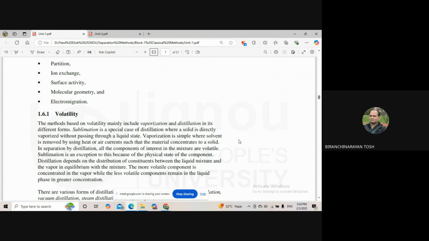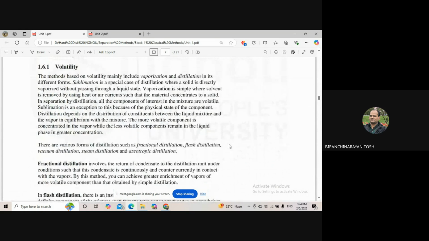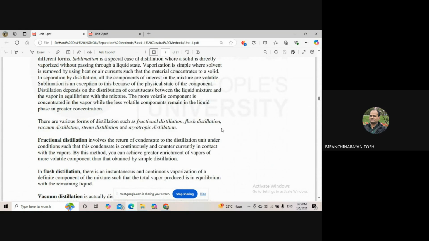So vaporization is simple, where solvent is removed by using heat or air current such that the material concentrates into a solid. The various types of distillations are fractional distillation, flash distillation, vacuum distillation, steam distillation, and azeotropic distillation. So we'll define all these terms in a nutshell.